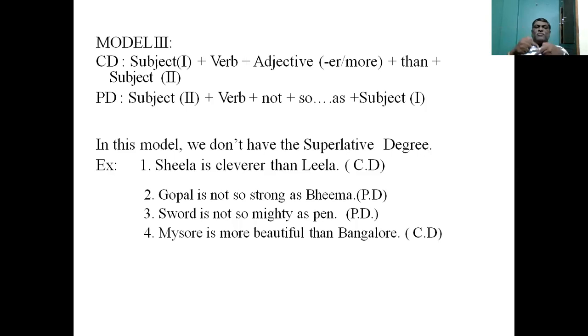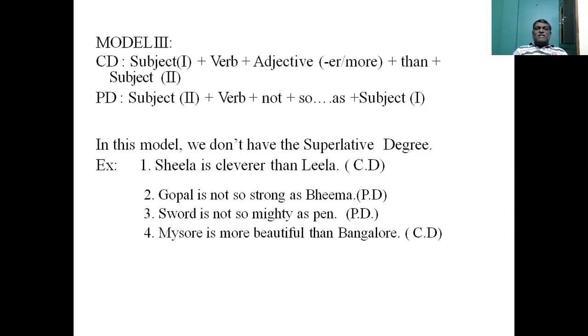Only when compared between Sheila and Leela, Leela is not as clever as Sheila. Whenever we are using the positive degree, we use as or so as. You can say Leela is not as clever as Sheila, or Leela is not so clever as Sheila.